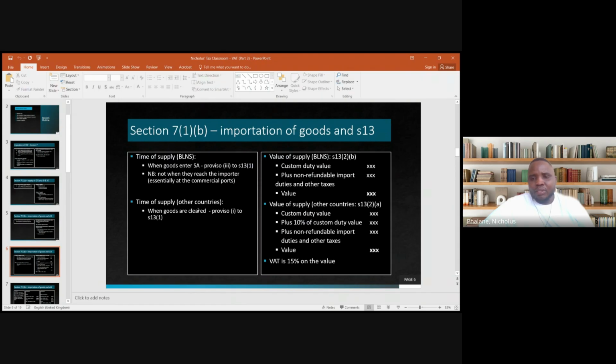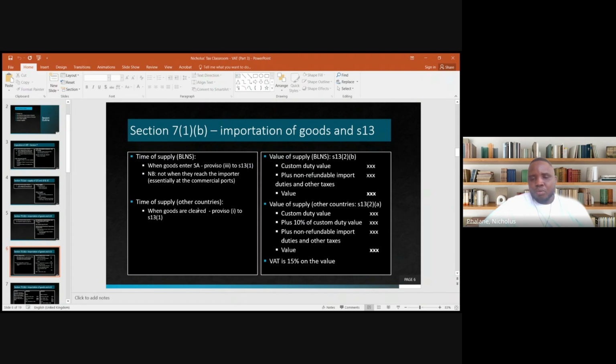When you look at other countries, the value of supply is the customs duty value plus 10% of the customs duty value, plus non-refundable import duties and other taxes. So you see the difference here.